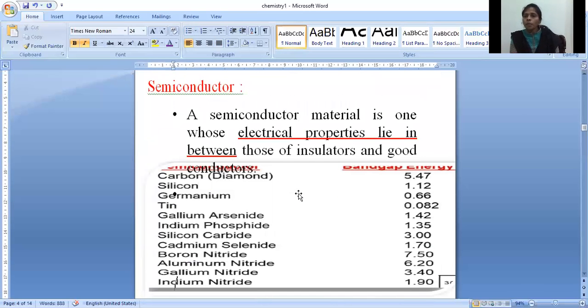Maybe you have heard about silicon semiconductors, silicon-germanium semiconductors, silicon-boron semiconductors. These semiconductors are able to pass electricity partially.